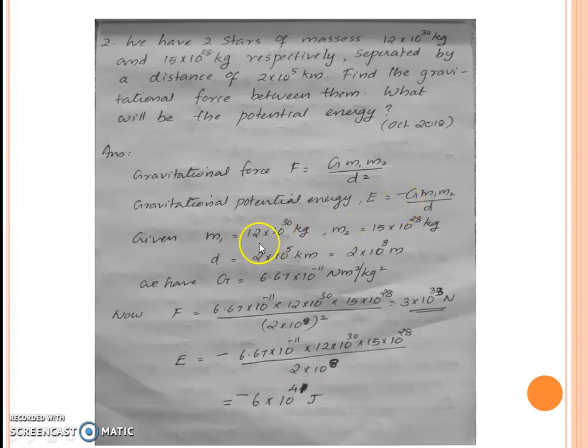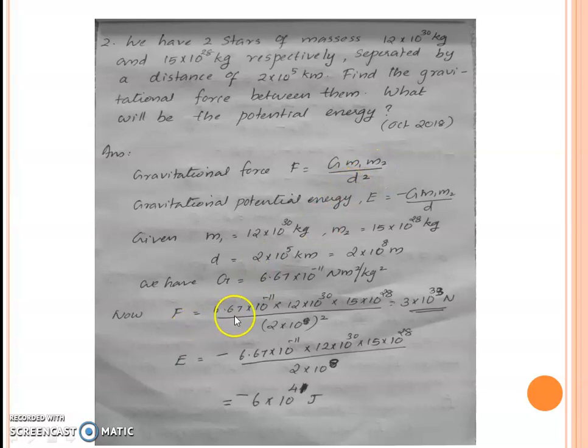Given that m1 equal to 12 into 10 raised to 30, m2 is 15 into 10 raised to 28, and d is 2 into 10 raised to 5 kilometer. You have to convert into meter, that is 2 into 10 raised to 8 meter. Now substitute the values into the equation F equal to G m1 m2 by d square.